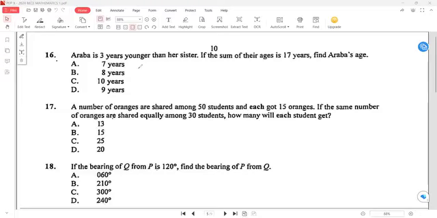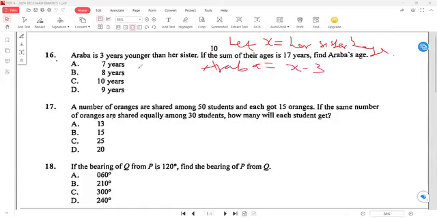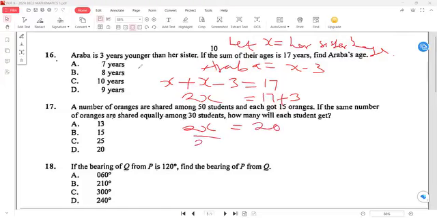So we can let X be her sister's age. So Araba should be X minus 3, because she's 3 years younger. The sum of their ages, X plus X minus 3, should be 17. 2X should be 17 plus 3. 2X should be 20.